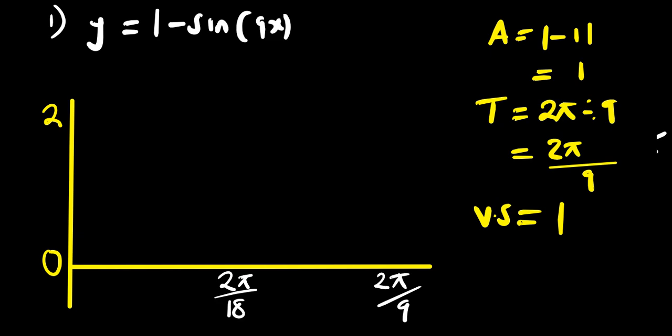I think that can also be reduced further. 2 into 2, it's going to be pi over 9. Right? Okay, 2 pi over 18.